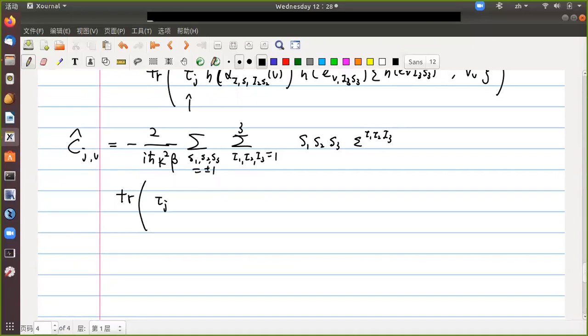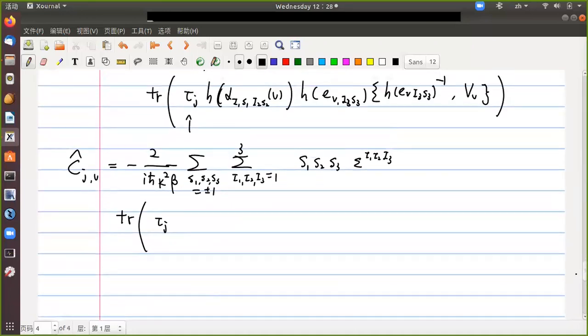This trace is always with respect to 2 by 2 matrices because the holonomy operator is an operator-valued 2 by 2 matrix.